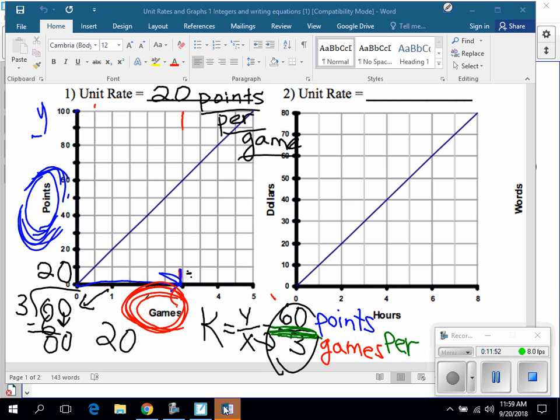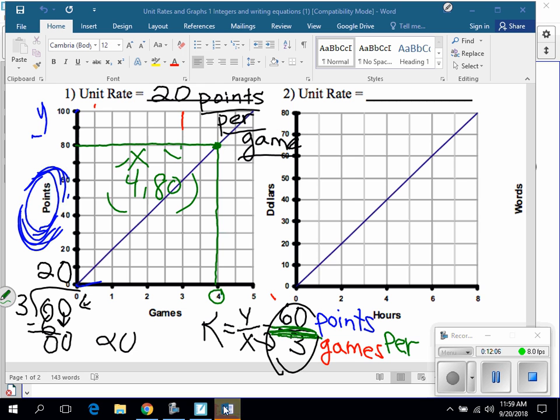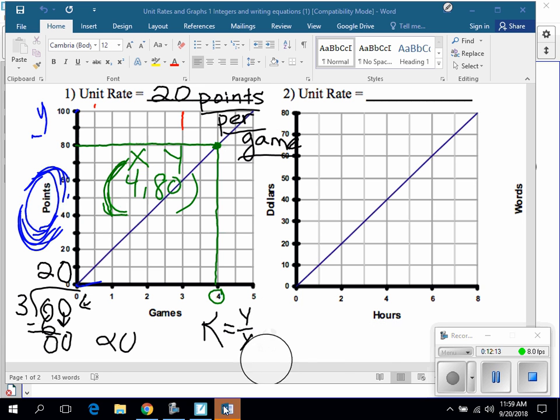Let me choose another point and really quickly just fill in the formula so you can see that you'll get the same answer. Let's say instead that I would have chosen the point (4, 80). I'll label X and I'll label Y. And then I'll record the formula down here. Actually, I've already filled it out. So I'll just leave what I have, but I'll replace the Y with, this time Y is 80.